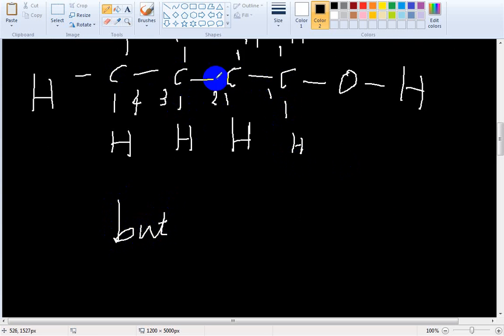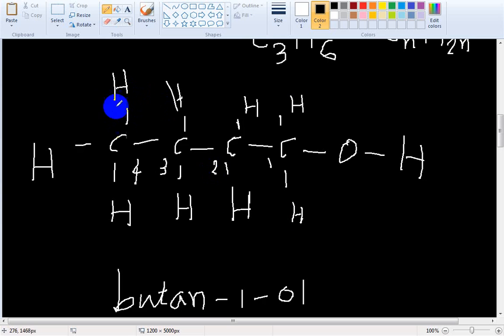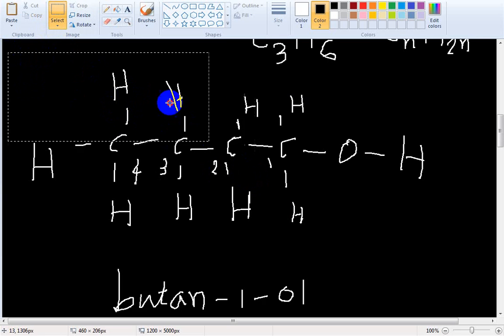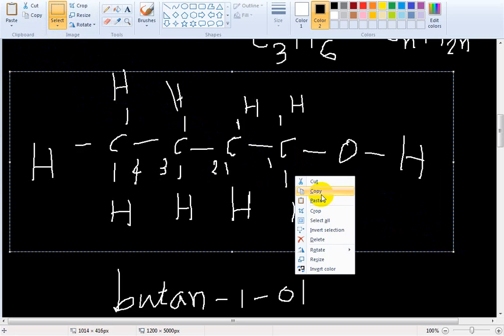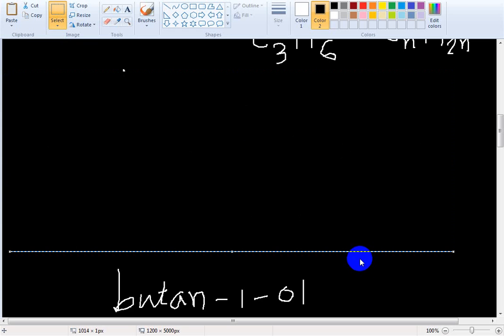This is a saturated carbon single bond, so an. Butane. The hydroxyl group position is 1, so 1-ol. Okay, butan-1-ol.